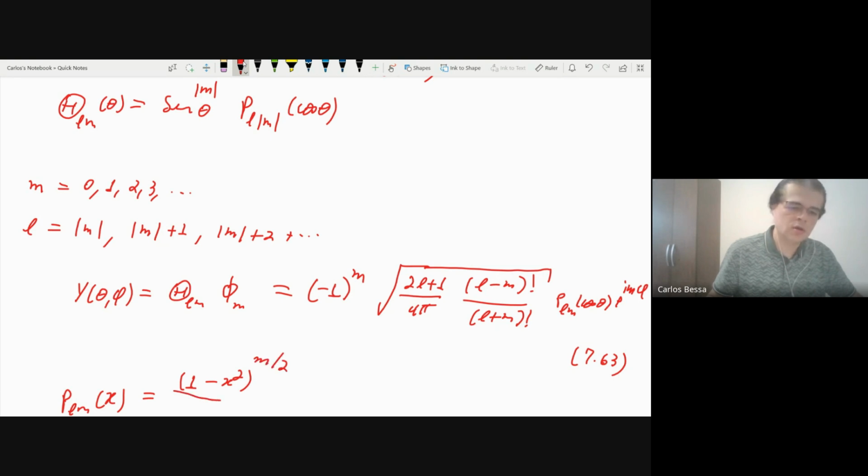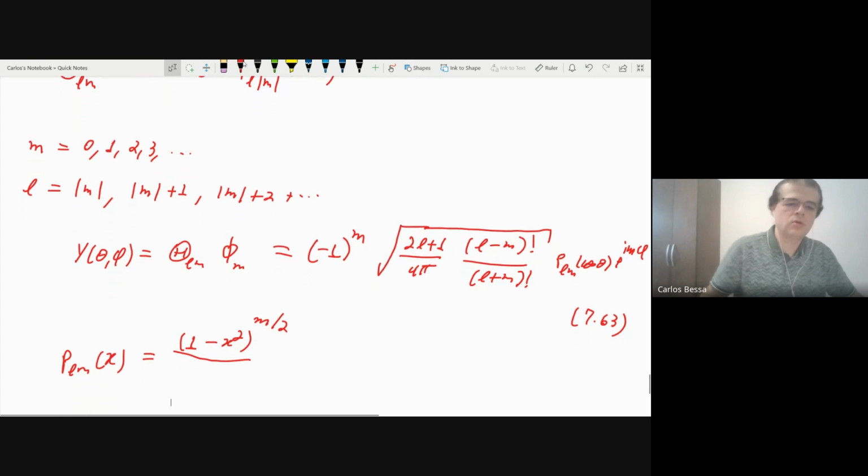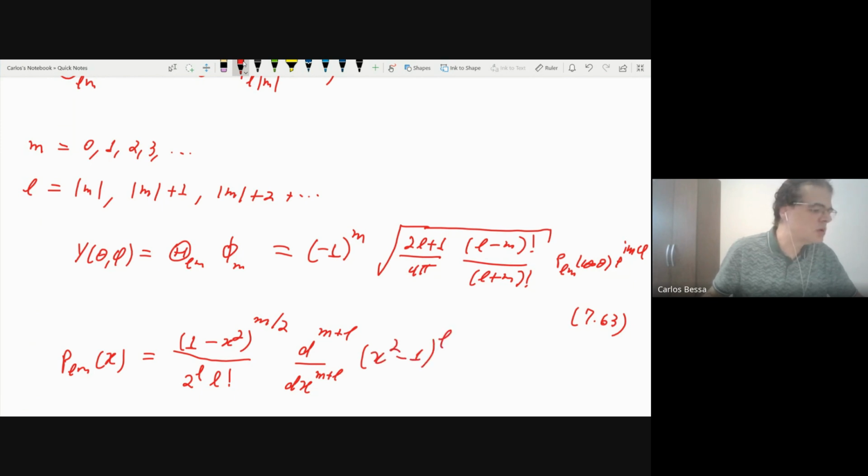one minus x squared to the m over 2, over 2 to the L L factorial, the derivative relating m and L, d to the m plus L over dx to the m plus L, of x squared minus 1 to the L. So this is equation 764.